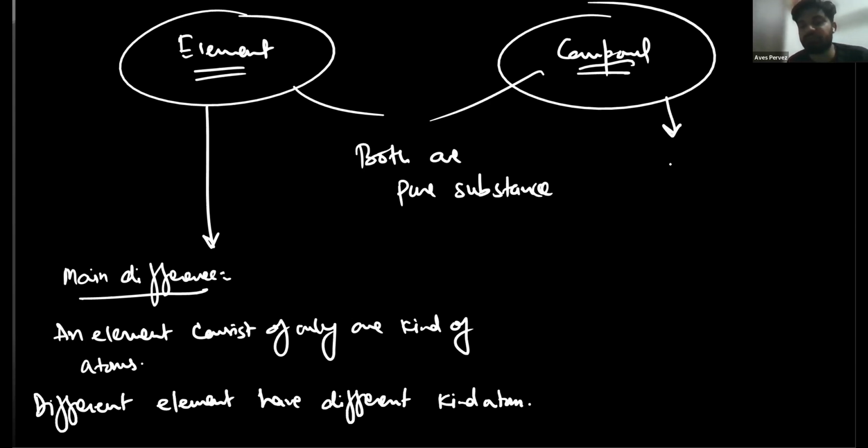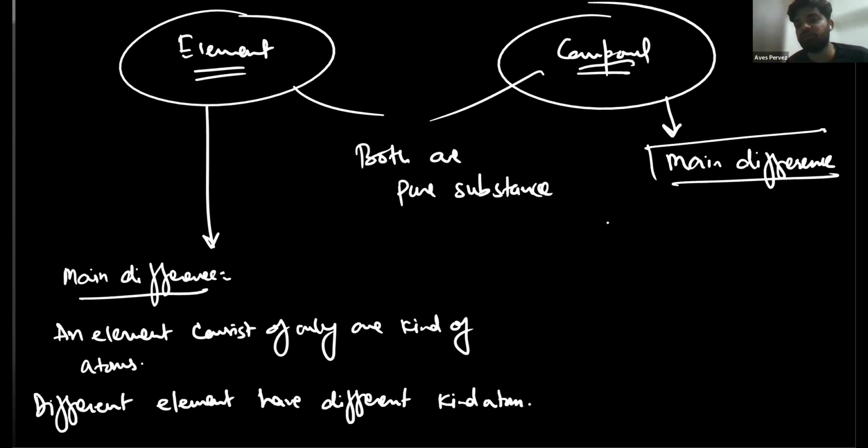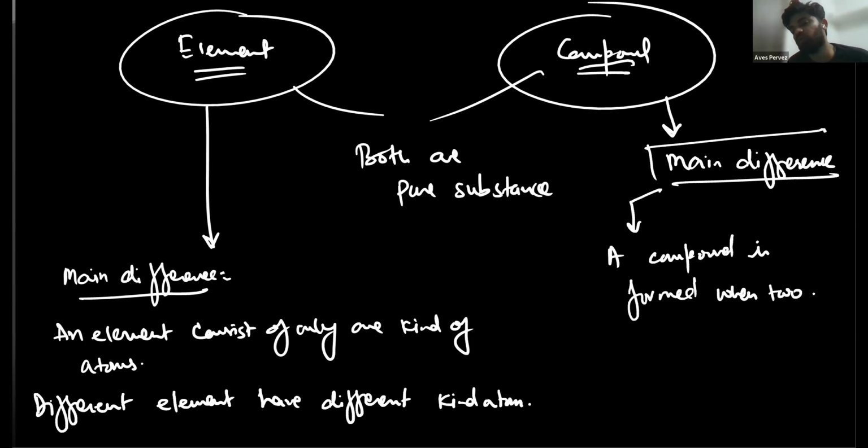And what is a compound? If it is asked in the examination what the difference between element and compound is, the major difference is that a compound is formed when two or more different kinds of atoms are chemically combined together.